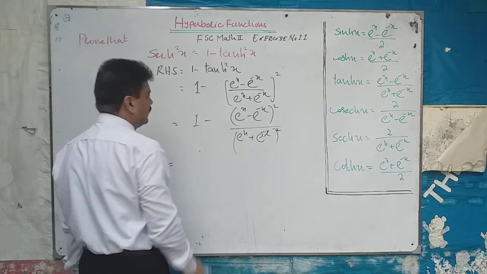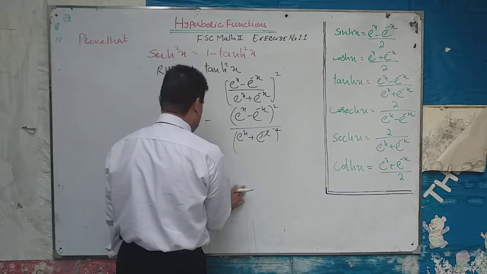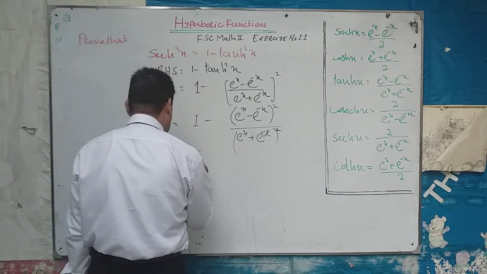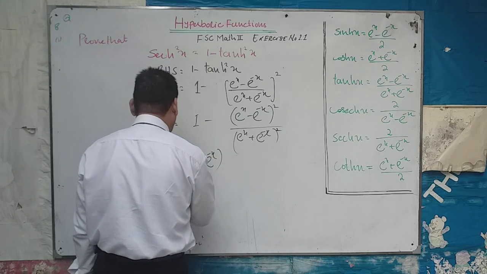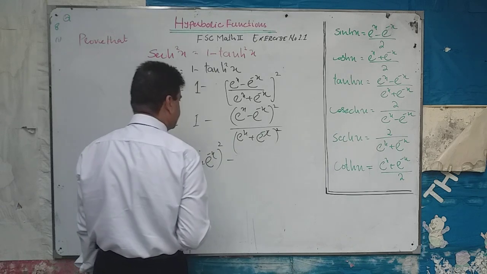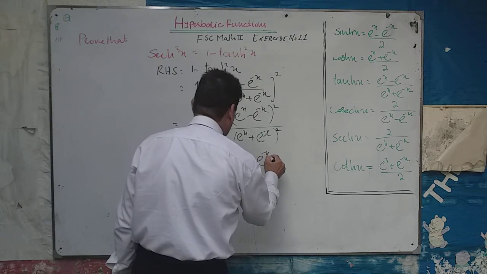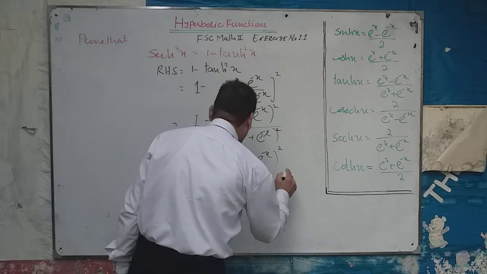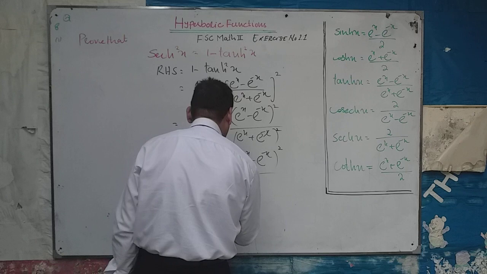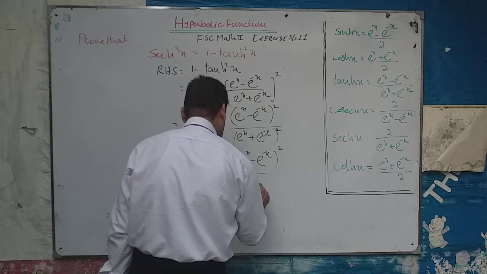After this, we take (e raised power x plus e raised power minus x) whole square as the LCM. We write (e raised power x plus e raised power minus x) whole square minus (e raised power x minus e raised power minus x) whole square divided by (e raised power x plus e raised power minus x) whole square.